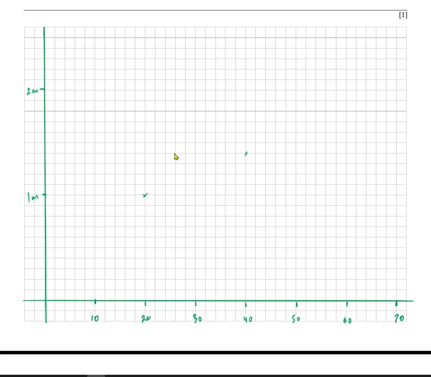So if you can't go all the way across reliably, use your ruler to help line up. And then the next one was 60, and 1.73 meters. So that would be 1.7. So if I follow this line over to 60, let's just double check, yes, and we've got our 3 points.